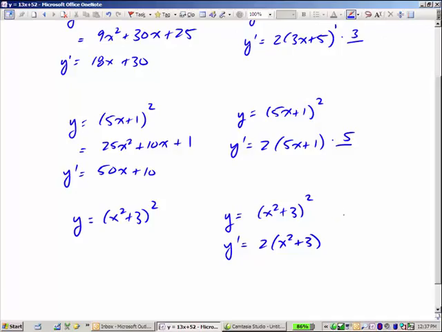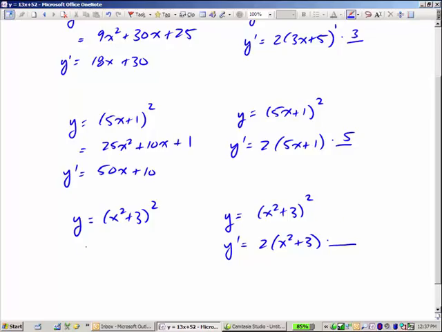Can you figure out what's going to go here before we do the other side? I hear 2. I hear 1. I hear 2x. There's not a consensus, but a majority maybe that it's 2x.